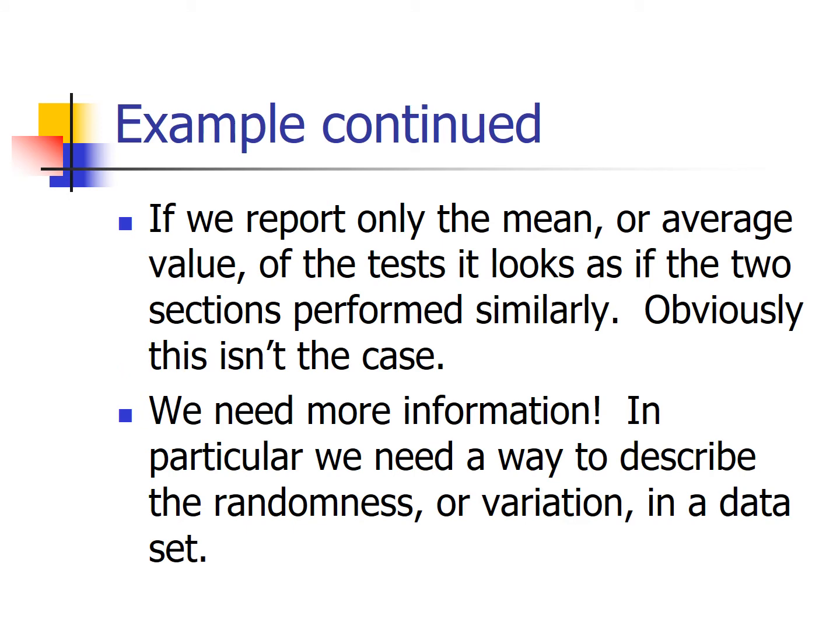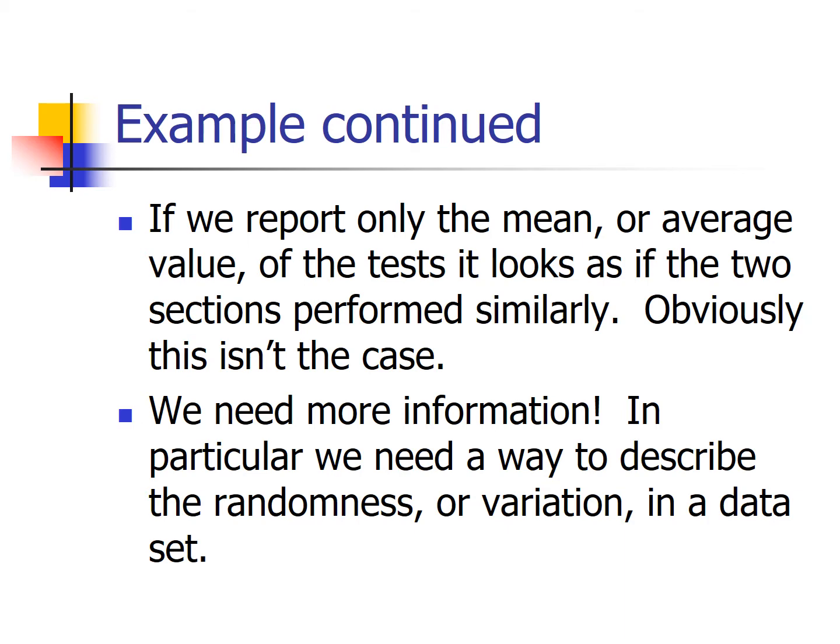So, just to reiterate, if we report only the mean or the average of the tests, it looks like they performed not just similarly, identically, but again, we know that's not the case. So this motivates the need for something more. We need to be able to describe another characteristic of a quantitative variable: its randomness, its variation, its dispersion or spread.